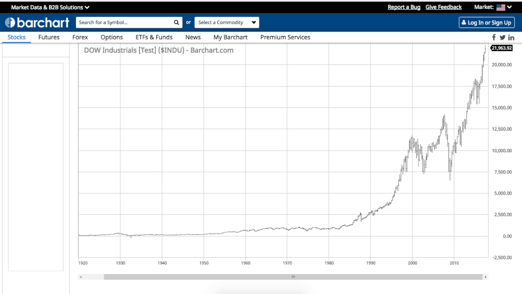I mean, from 1920 to about 1960, we hugged that zero line most of the time, and it actually only started accelerating in the mid to late 80s.